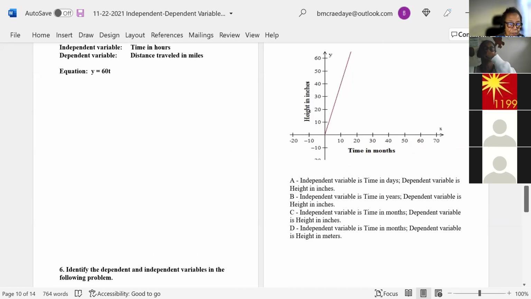Okay, so you're identifying the independent and the dependent variable. What is the dependent variable, Maureen? Is it the time in months or the height in inches?